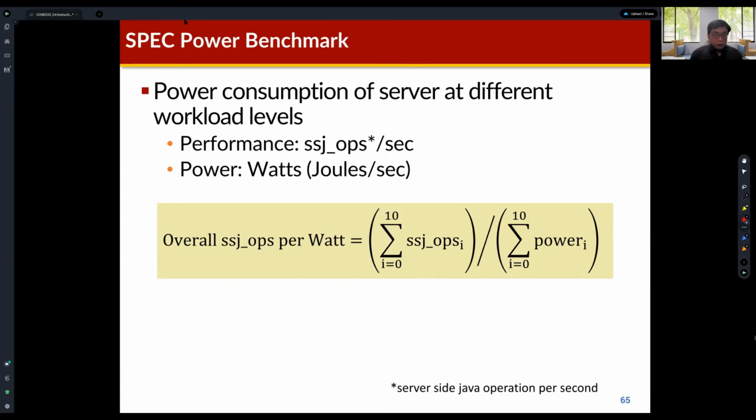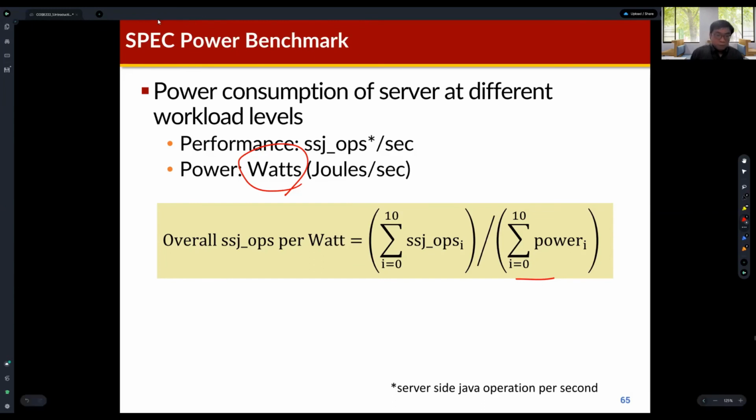With this SPEC power benchmark, we can compare the power consumption, that is the watts, by workload levels, and then relate the performance values to the consumed power.